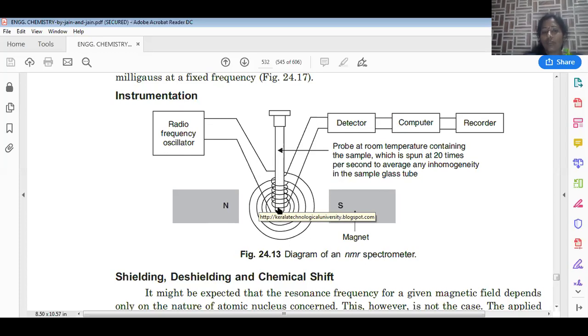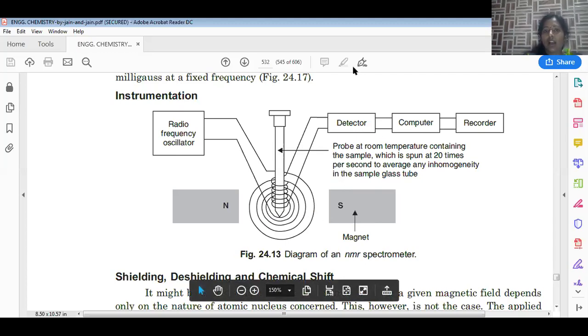The compound absorbs the radio frequency, undergoes nuclear magnetic resonance, and protons flip. The purpose of the detector is to convert electromagnetic radiation into electrical signals. The detector gives the signal to the amplifier first, which intensifies the signals, followed by the computer, and then the recorder, the output device where we obtain the signals.